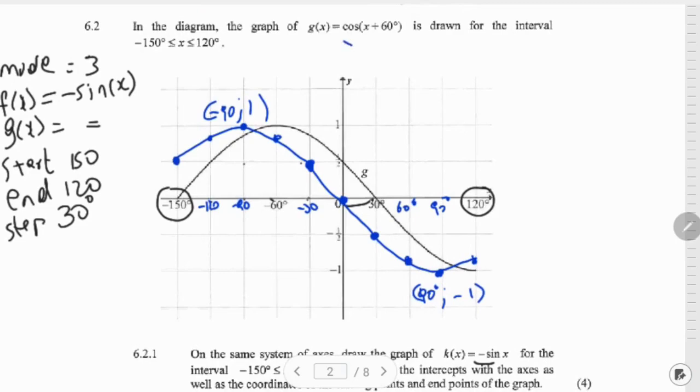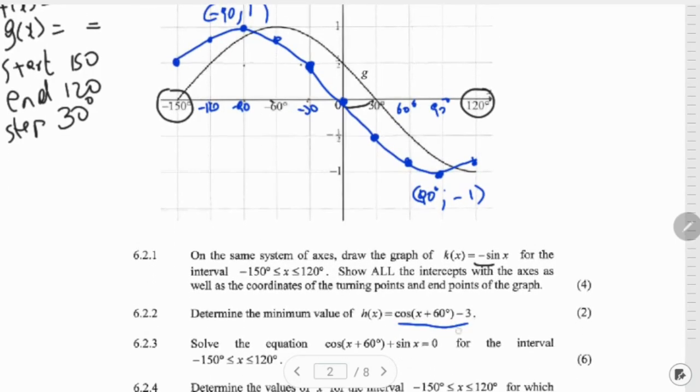So our graph originally is cos of x plus 60, but now they just added minus 3 to it. So it's the whole function minus a 3, that is definitely a vertical shift. So that means there is a vertical shift of 3 units down because it's a negative.